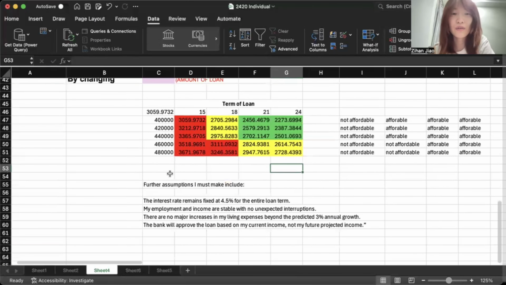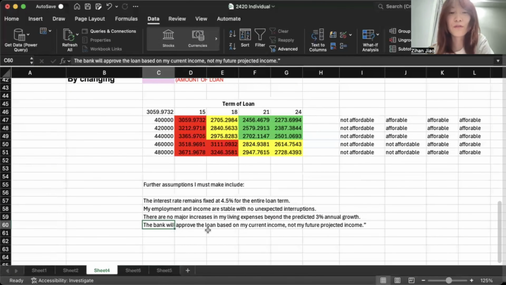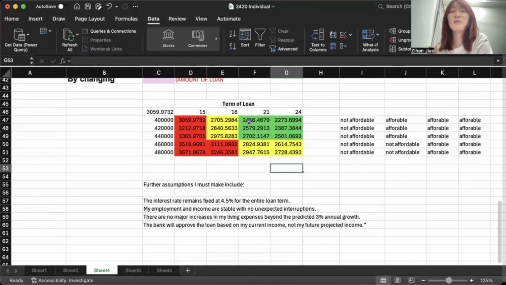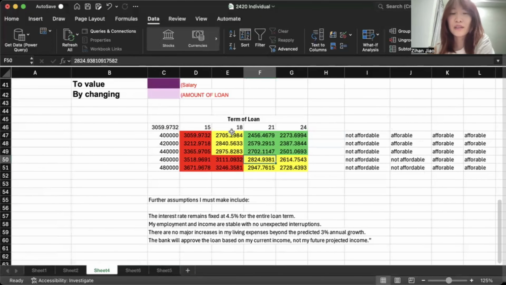Of course, we need to consider our employment, like maybe we will lose our job in the future, or the interest rate in real life always changes, and we don't know whether there will be major increases in our living expenses, or whether it will go beyond the predicted 3% yearly growth, or whether the bank will approve the loan based on our current income or our future projected income. These are risks, so we have to hold some money in our hand. We cannot put all our salary into loan payments.